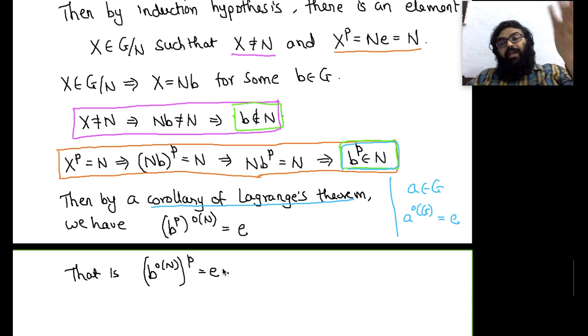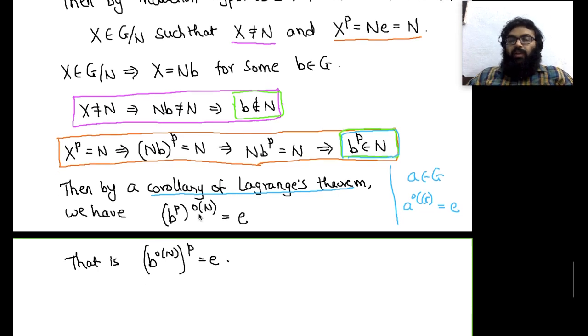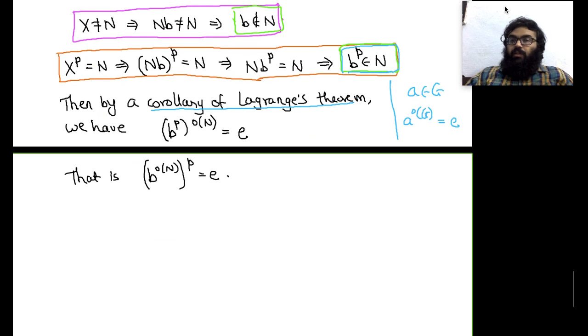Now we want to go back to G from G quotient N. So this is the element which we are looking for. Take c equals to this one. Take c as b power order of N. Right? This is the element which we are taking.